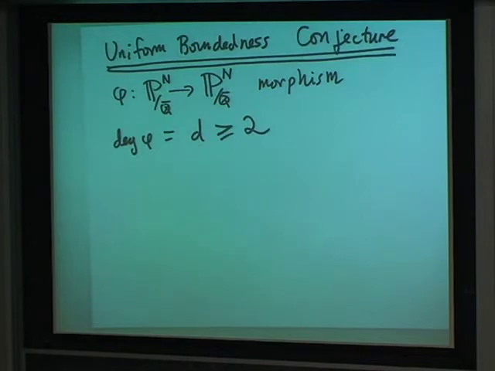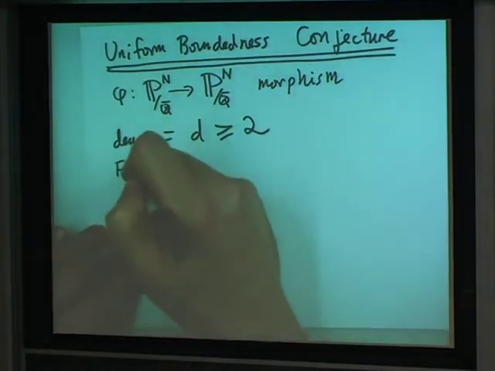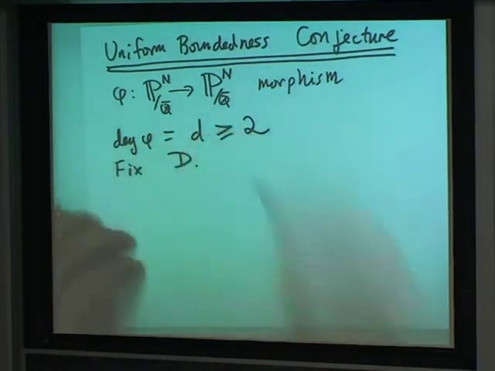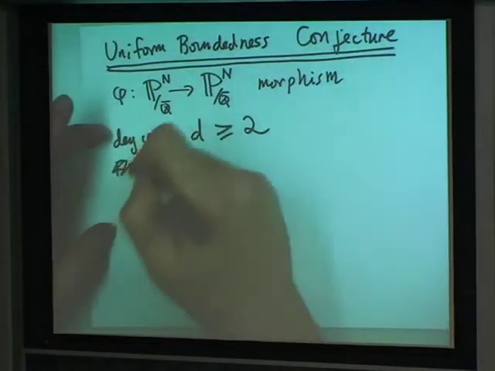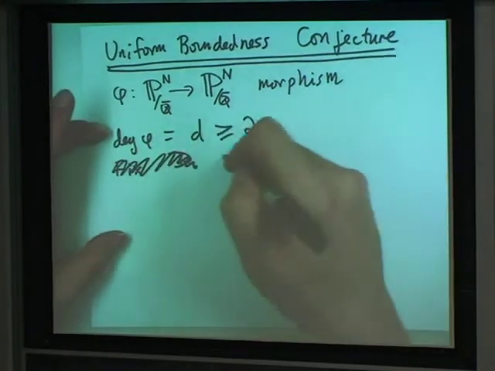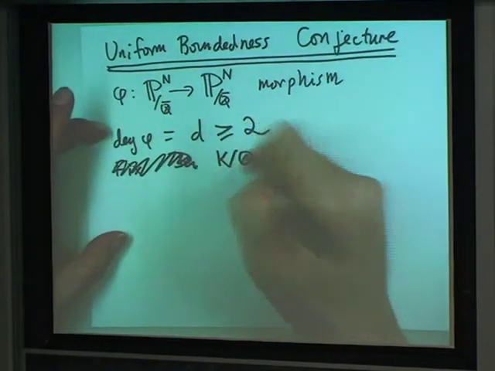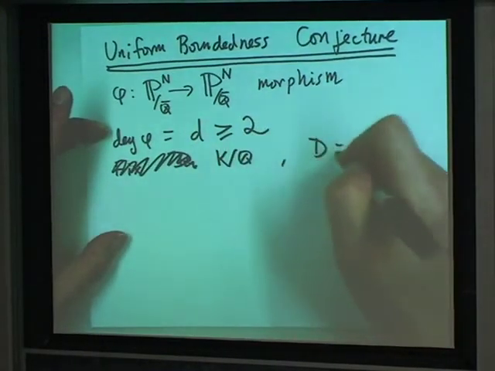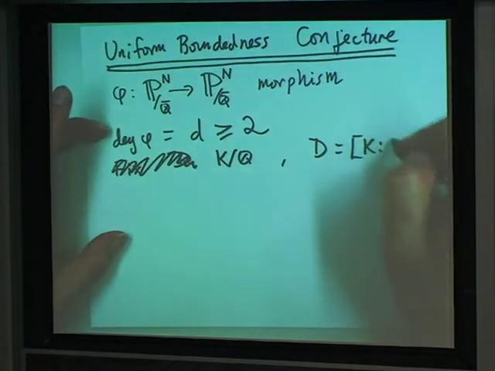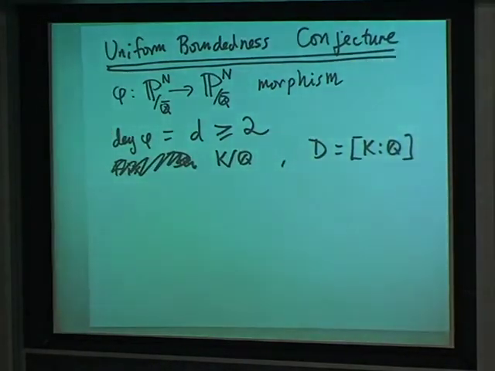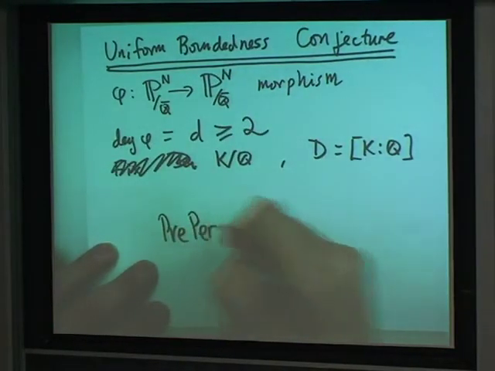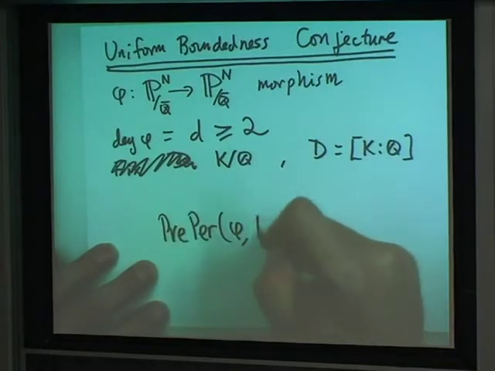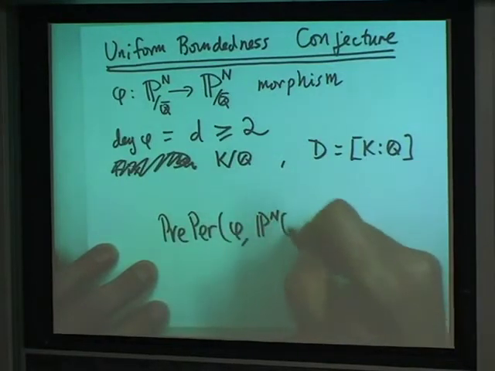Actually, I want to do this the other way, the way I've been doing it. So let's take a number field of degree, I'll call the degree capital D. Then I can ask how many preperiodic points there are defined over this number field.